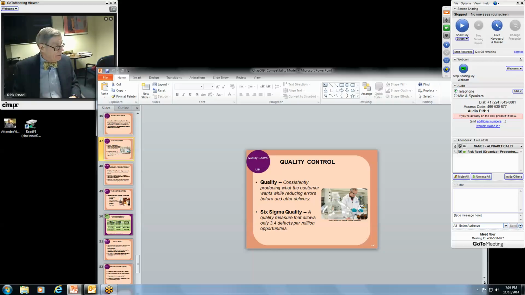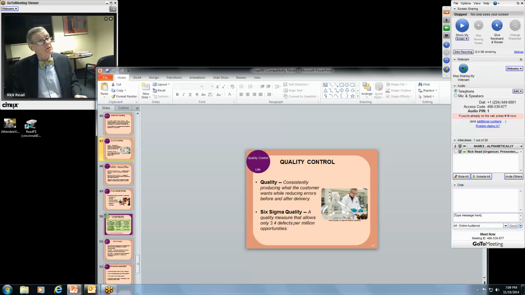But we don't talk about total quality control in the text here, and I'm not going to, although Dr. Deming is mentioned here, but we don't talk about total quality control the way Deming talked about it. But one of the things that Deming did espouse, and most people who've gotten into the quality business talk about, is checking quality by statistical analysis. One of the most popular ones today is Six Sigma.